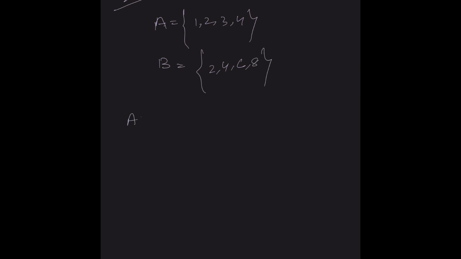We can write A union B as 1, 2, 3, 4, 6, and 8. Notice that 2 and 4 are present in both sets, but we did not write them twice here. Instead, we write them only once, since they're common in both sets. Similarly, we can try out the intersection of sets.